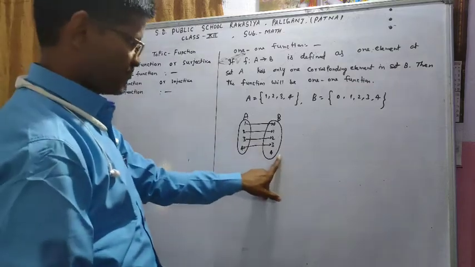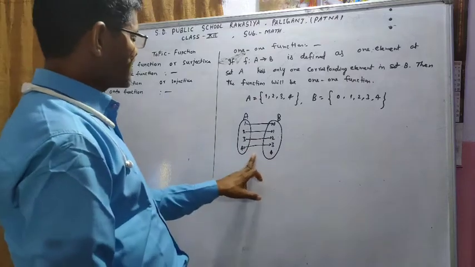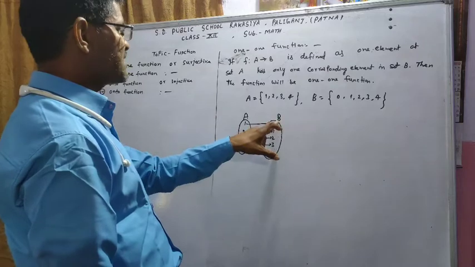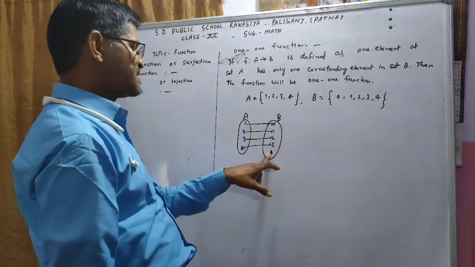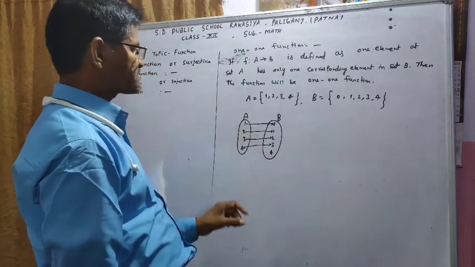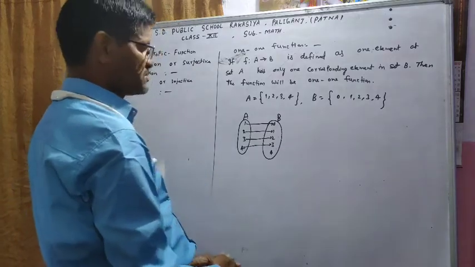But this is not many-one, it is one-one. A one-one function may have some elements in set B that are not the image of any element in set A. It is possible.